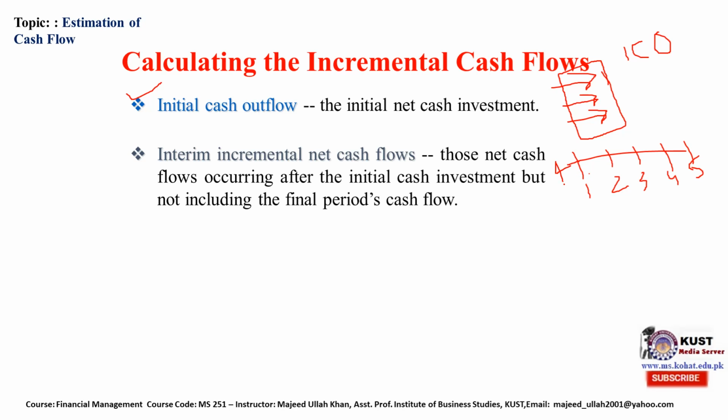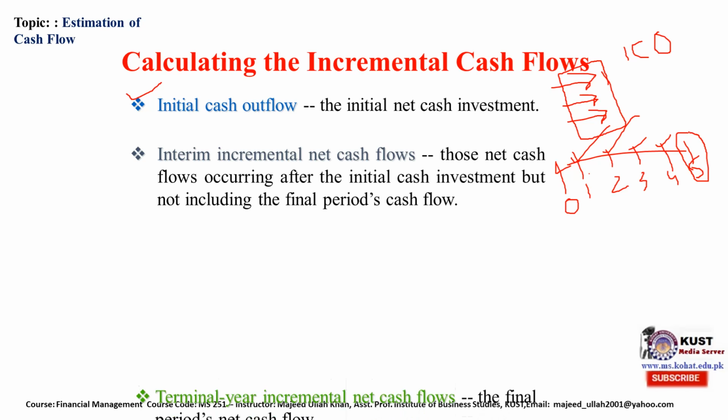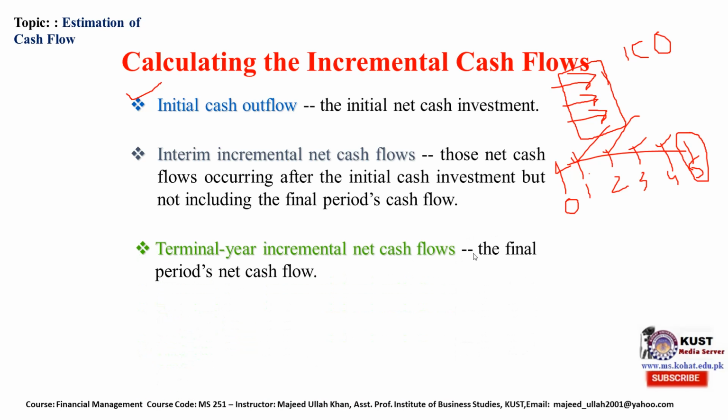We will calculate this ICO at 0, meaning initial cash outflow. Then the incremental net cash flow because of that specific capital asset at the end of year 1, at the end of year 2, and so on for 3 and 4. But what about the fifth one? The fifth one needs specific treatment because that is a terminal year. So the terminal year incremental net cash flow, the final period net cash flow, will be calculated.